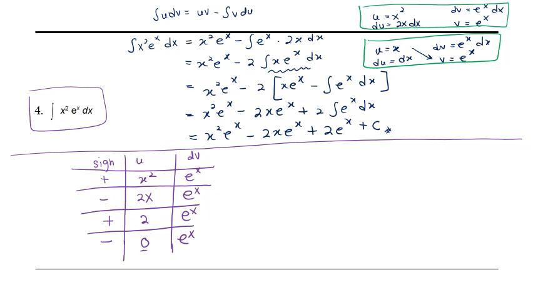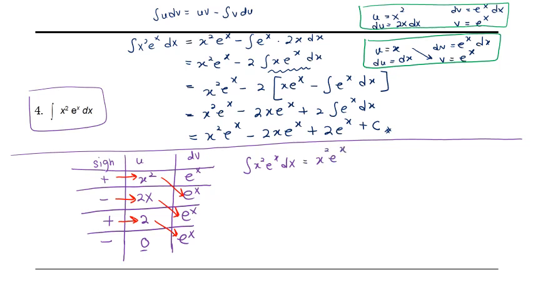Okay. So how to get the answer? Sama macam tadi. Dia akan jadi macam ni. Darab dengan bawah. Darab dengan ni. Darab dengan bawah. Darab dengan ni. Darab dengan bawah. So what is our answer? Integrate x square exponent x dx is equal to, okay, baca dulu yang first row tu. So x square times exponent x.